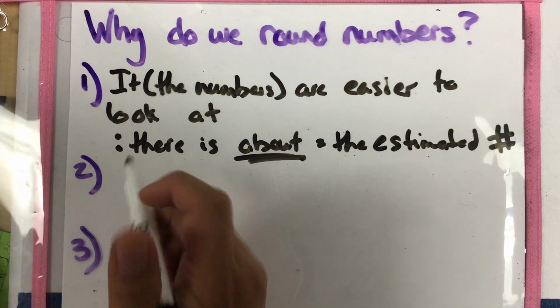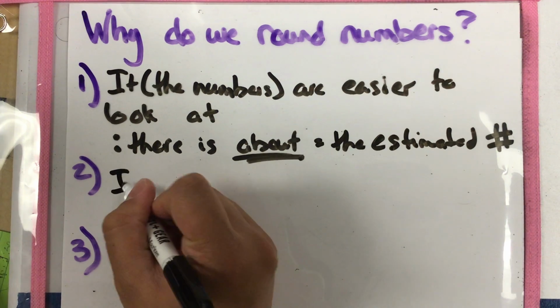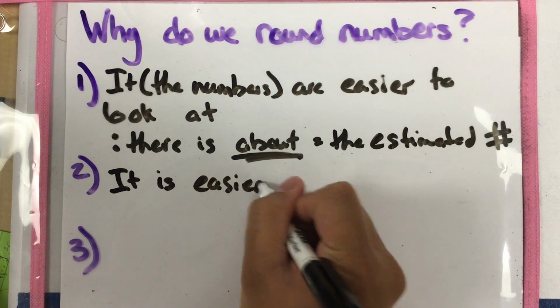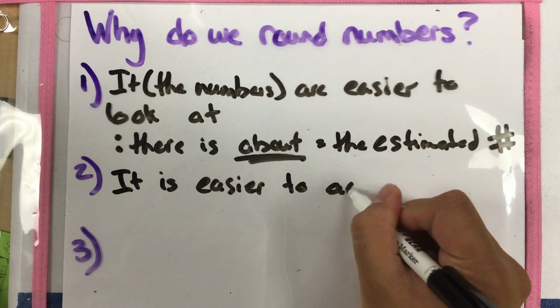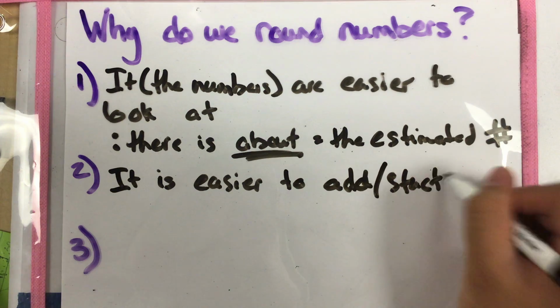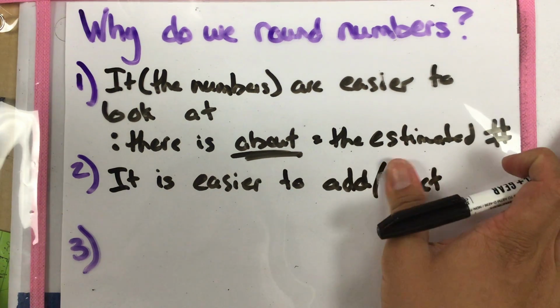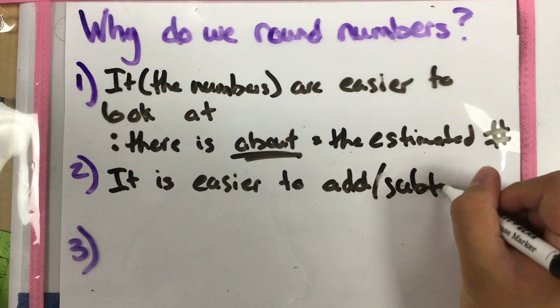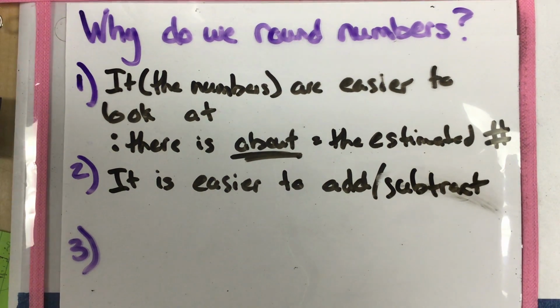Next, number 2. It is easier to add or subtract. Oopsie. Easier to add or subtract. When you're adding or subtracting with zeros, it makes it so much easier.